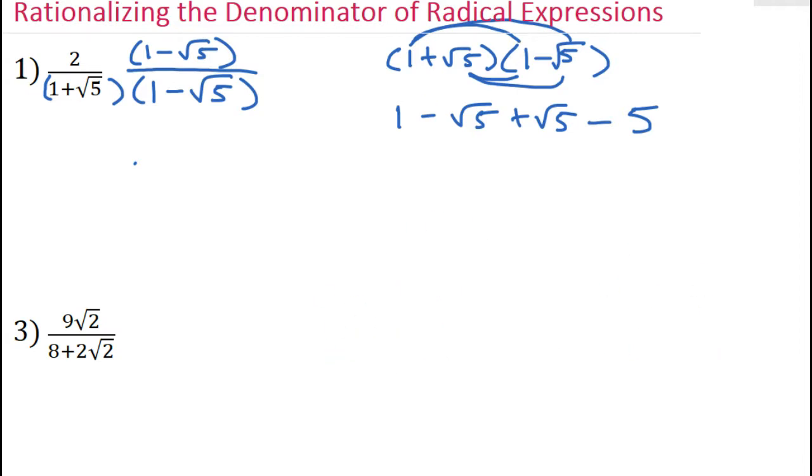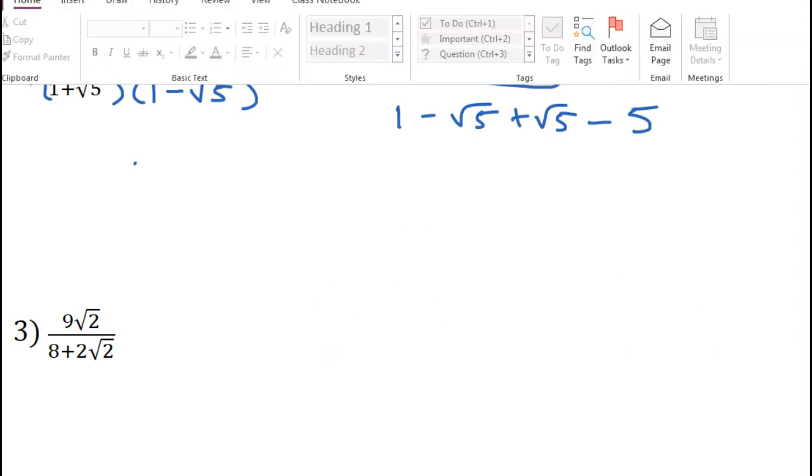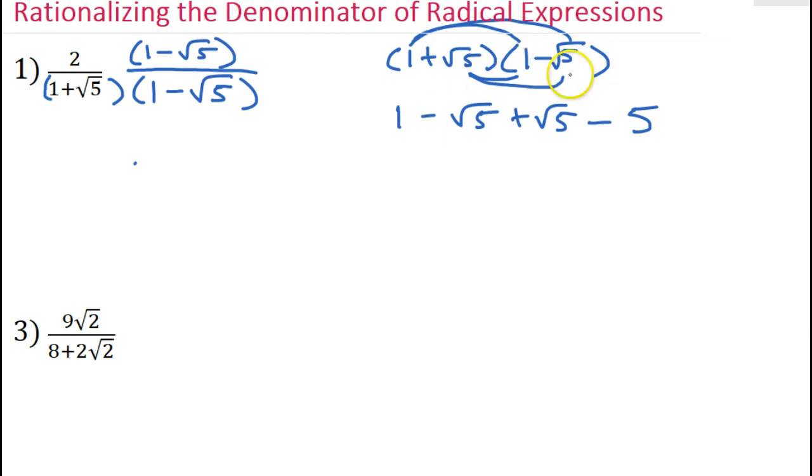Now, one of the reasons why it helps us to do the conjugate is because you will always get these like terms that cancel each other out. So this part always cancels out. So that just leaves me with 1 minus 5, which is negative 4.